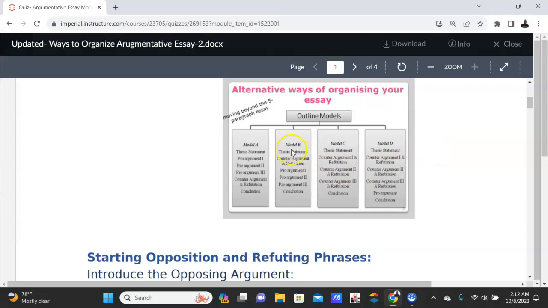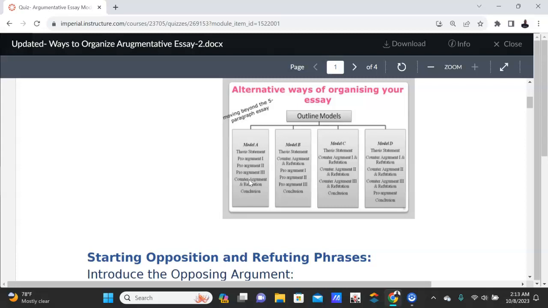Okay. There are different ways that you can set up an argumentation. But if you notice models A, B, C, and D, they all have counter and argument, counter, argument, and refute, counter, argument, refute, counter, argument, refute. So this means that you're going to bring in the opposing viewpoint, but then you're going to spin it back or refute to why your side is still the best.